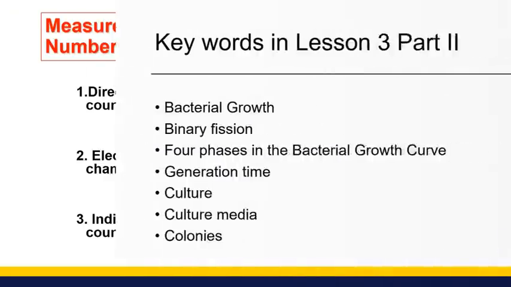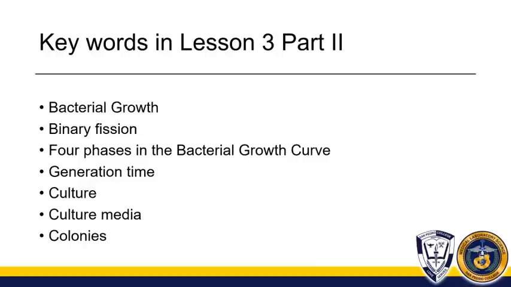So that's the end of our lesson 3 part 2. It's all about bacterial growth. They divide, they multiply in a very simple way, that's binary fission. And once you introduce them to a culture medium, over time, they will present a typical bacterial growth curve.